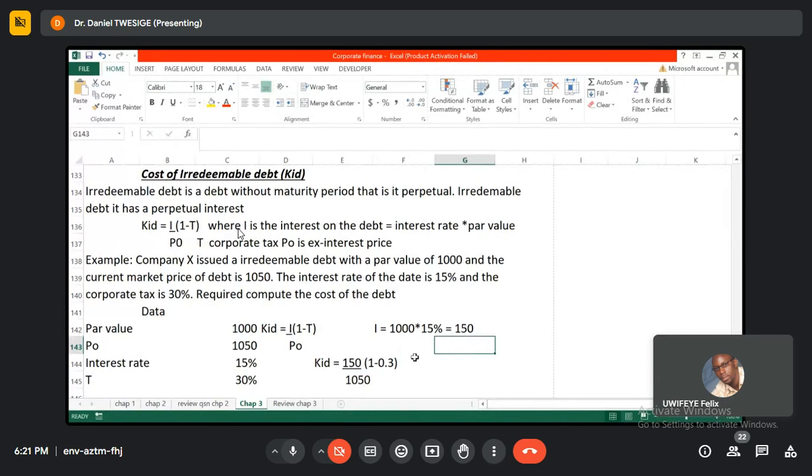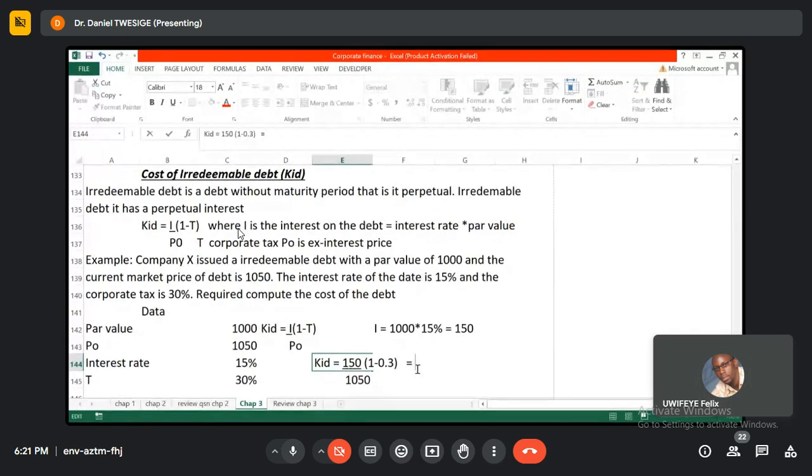What does the calculator say? Calculator is saying what?